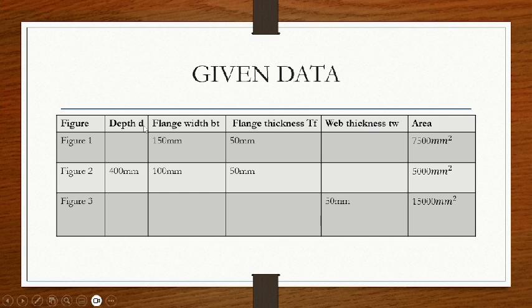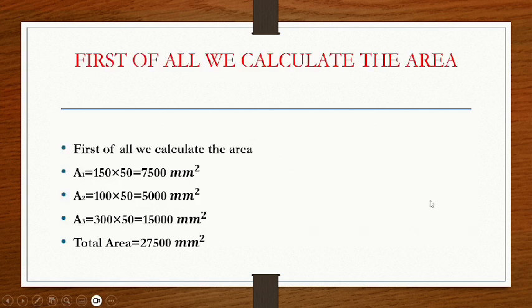Given in the figure: depth, flange width, flange thickness, web thickness, area. Area of figure 1 is 7500 mm square, area of figure 2 is 5000 mm square, and area of figure 3 is 15,000 mm square.